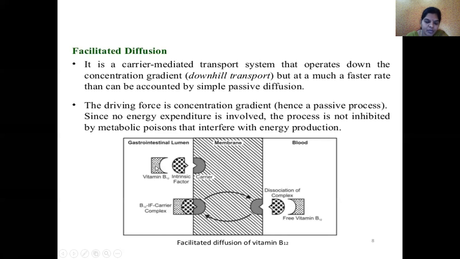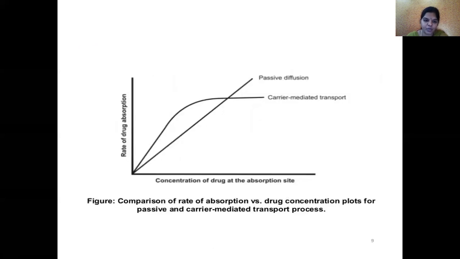Here, vitamin B12, intrinsic factor and carrier are joined as a complex, and when it passes through this membrane to the blood, the carrier gets attached to this membrane or barrier. Then when it enters the blood, the free vitamin B12 is dissociated from the complex. See, dissociation of the complex. This is the facilitated diffusion of vitamin B12.